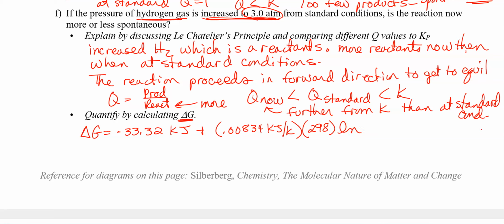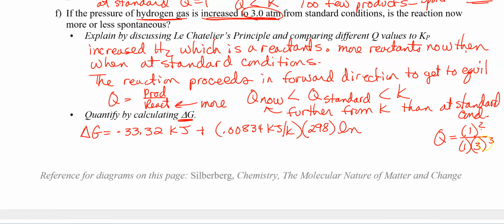Now, what is Q in this case? I'll write out what Q is. Q is products over reactants. We were all at standard conditions except we changed hydrogen to be 3 atmospheres. I'm going to do Q over here on the side. Q is going to be products, which was the NH3, and we're going to square that, over the N2, which is 1 atmosphere, and the H2, which we have changed to 3 atmospheres, and we have to cube that.